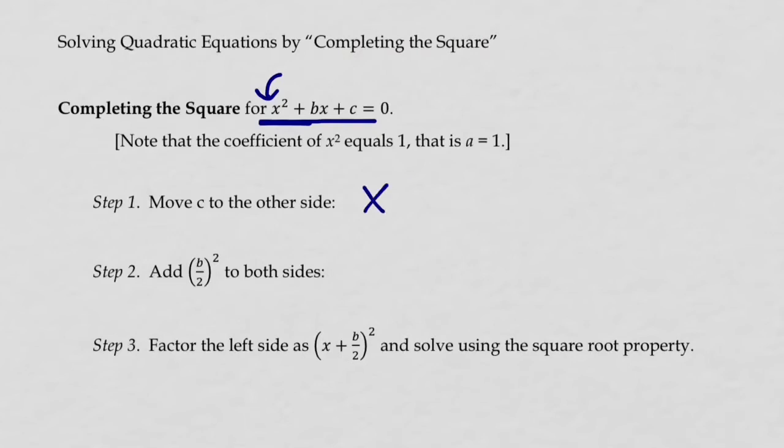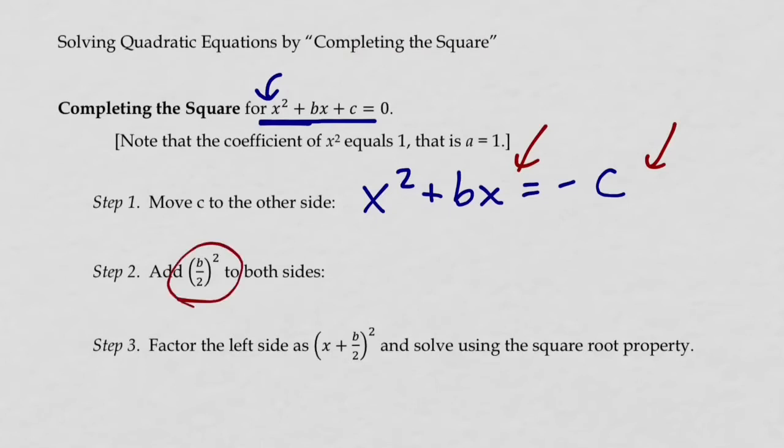So I'm going to change this into x squared plus bx equals negative c. And then I'm going to add a special value to both sides, and the value that I'm going to add is b divided by 2 squared.